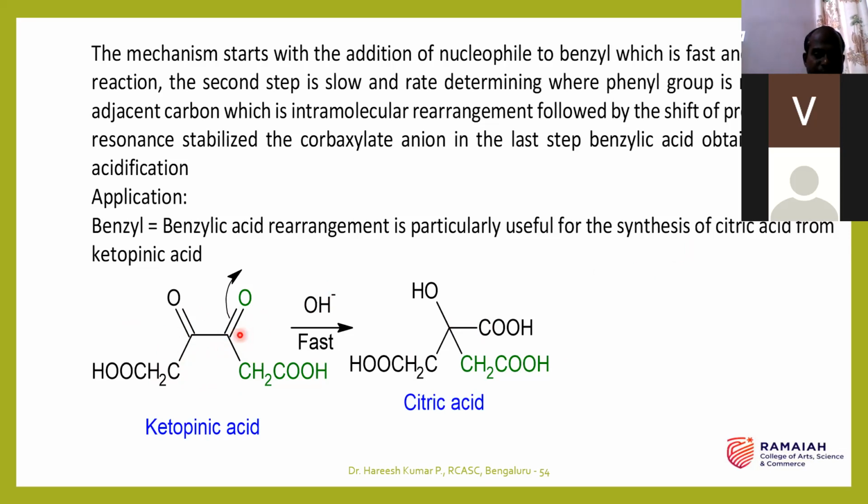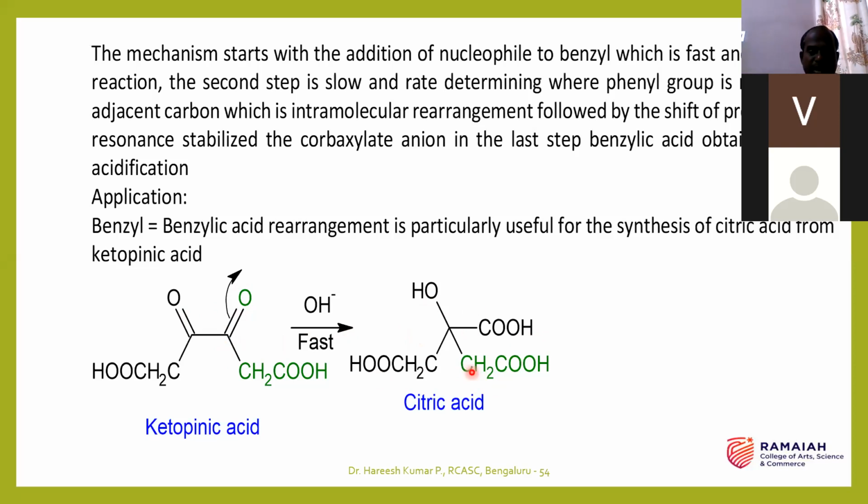There will be a movement of the CH2COOH group to this carbon, and this CO gets converted into OH, and this CO gets converted into carboxylic acid. That's the product I have written. You can also try writing the mechanism for the conversion of ketopinic acid to citric acid. That also you can do.